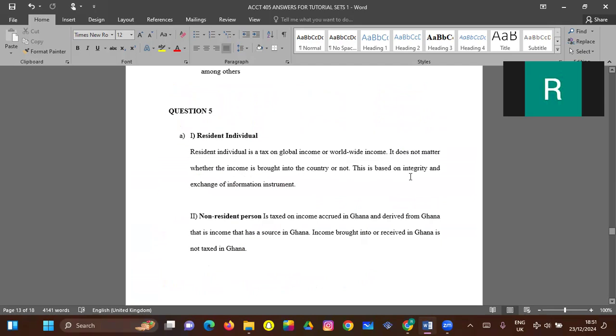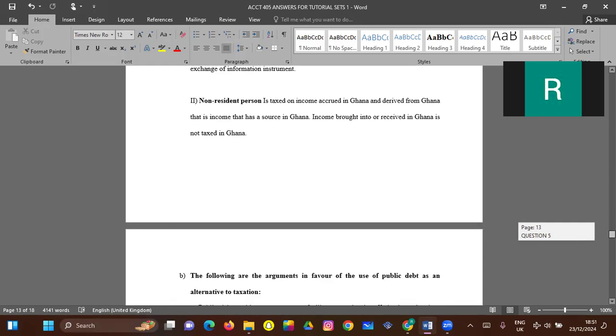This is based on integrity and exchange of information instruments. A non-resident is taxed on income accrued in Ghana and derived from Ghana. That is, income that has a source in Ghana. Income brought into or received in Ghana is not taxed. We've spoken about this in session 1 already.